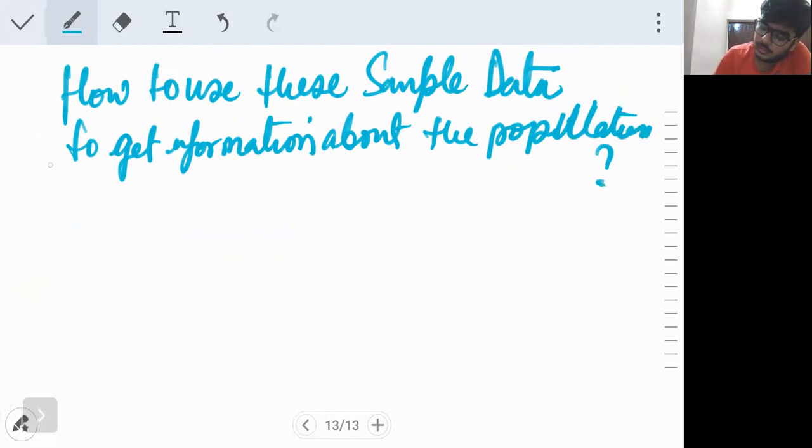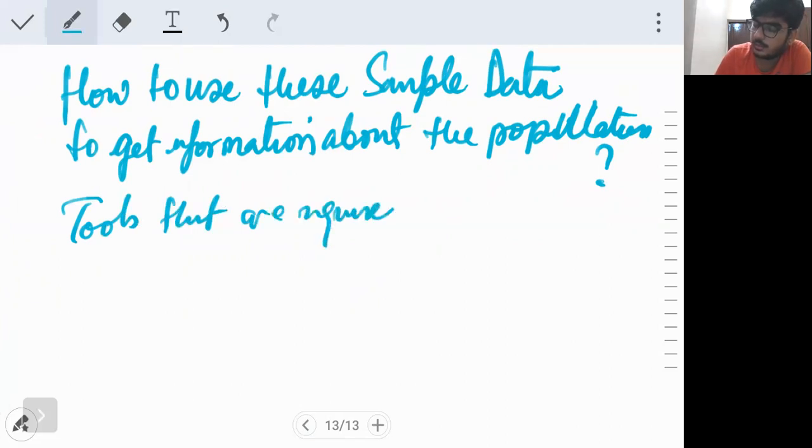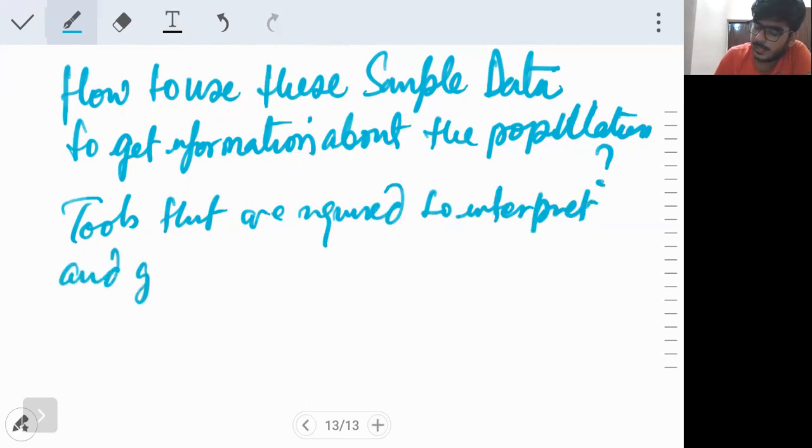We'll learn the tools that are required to interpret and to get the inference.